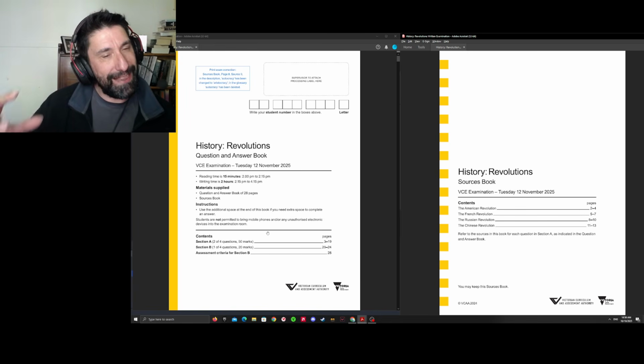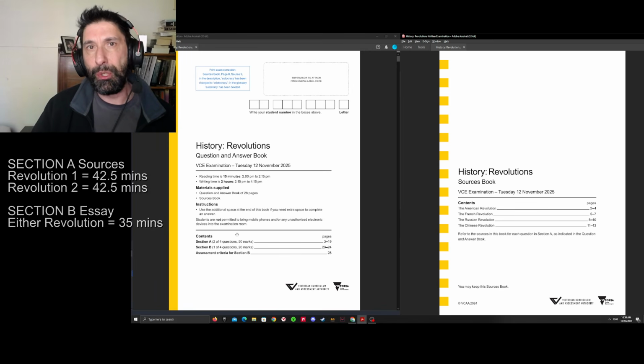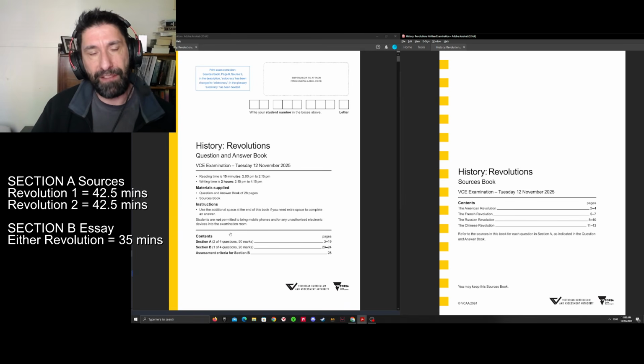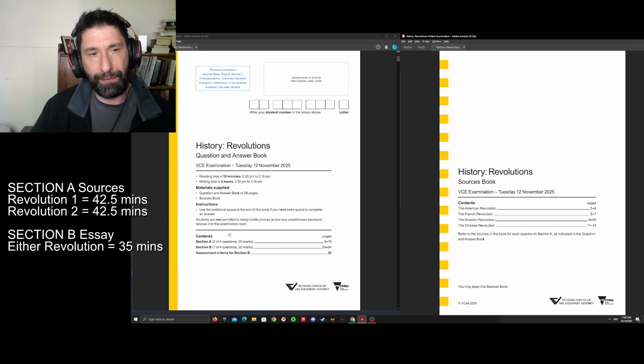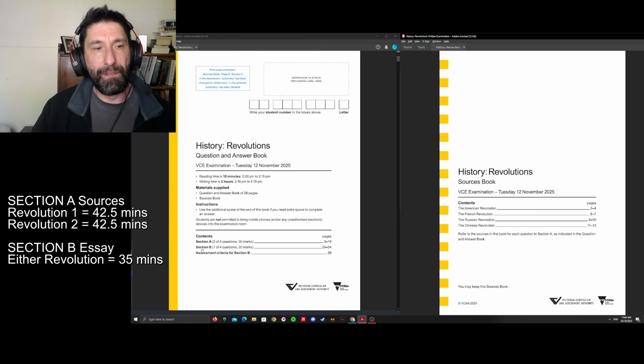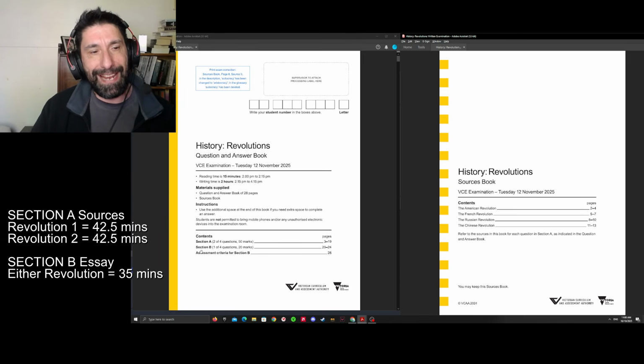If we extrapolate that out, for section A, the first revolution's source analysis questions, which for my students is the Russian Revolution, worth 25 marks, they are going to spend roughly 42.5 minutes. And then that same amount of time, 42.5 minutes, for the source analysis questions on the Chinese Revolution, which leaves me approximately 35 minutes for section B for the essay.